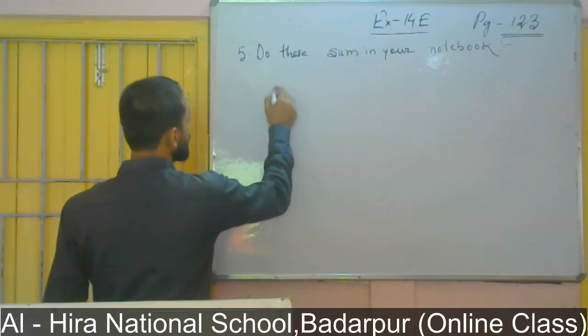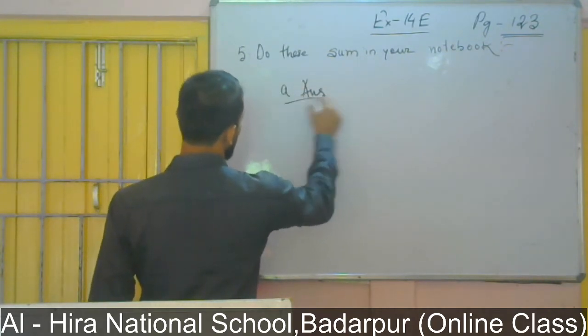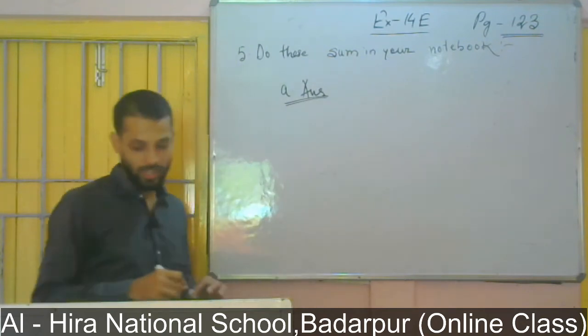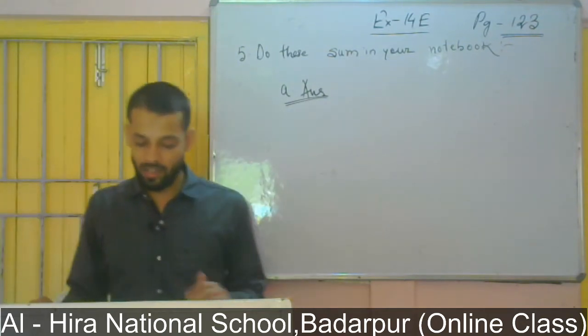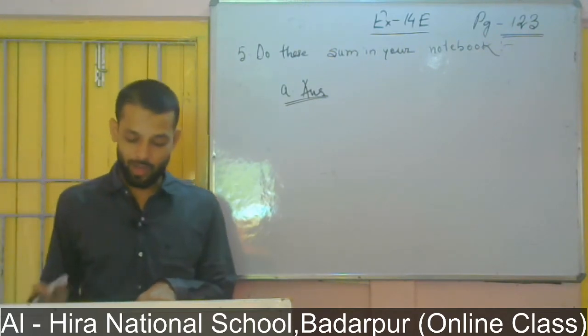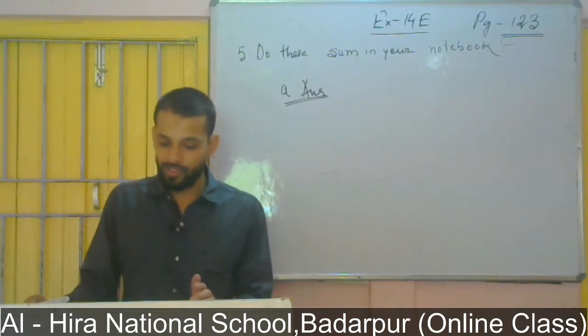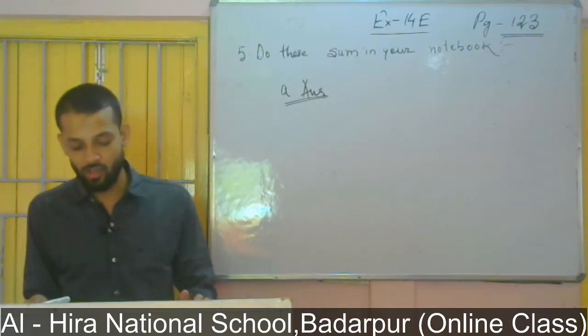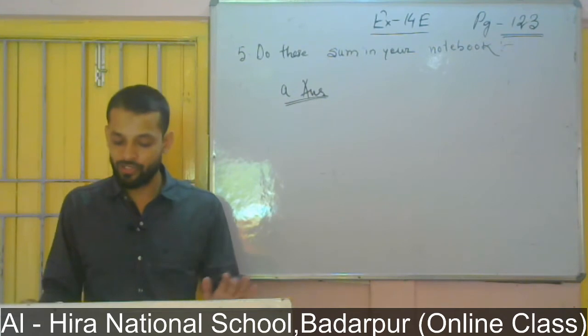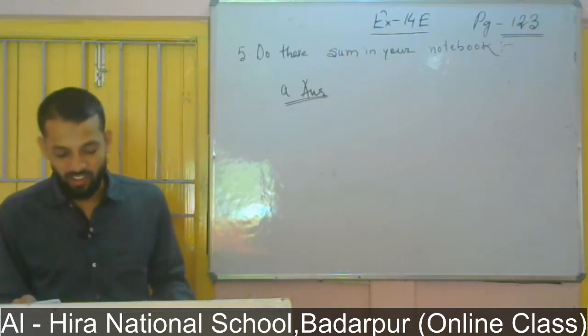First of all we are going to solve question number A. You can see this question 5A is like question number 1. We are going to solve it right now. Make a bill. Chair rupees 1200. Table rupees 2570.